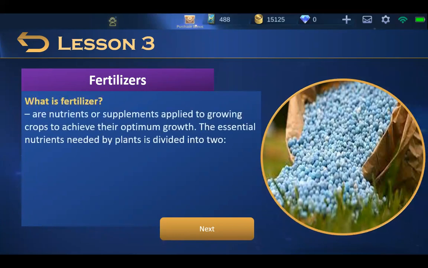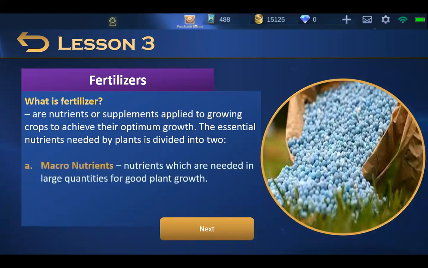When you say fertilizer, these are substances added to the soil to increase its fertility. We have essential nutrients which are needed by the plants, which are divided into two. We have the macronutrients, or the nutrients needed in large quantities for good plant growth.